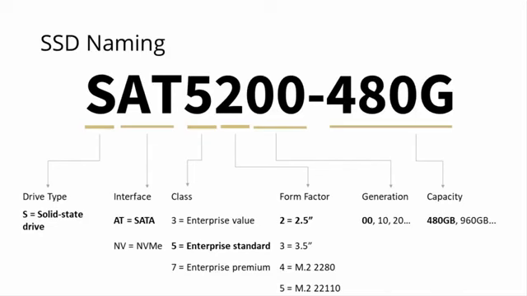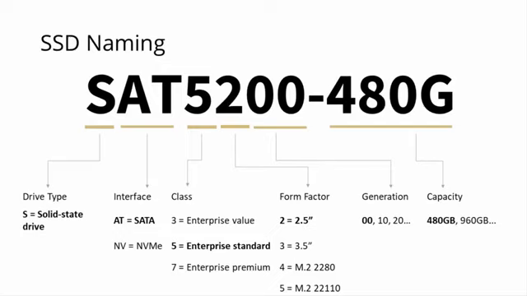When it comes to understanding the naming rules of our new segment, I would like to explain it in detail. The first letter nominates the type of memory this is, so S stands for solid state. The second two letters explain the interface. In this example it is SATA, so AT stands for that.